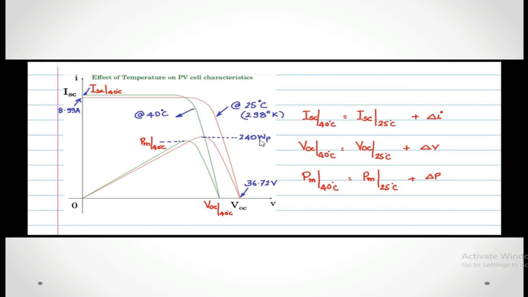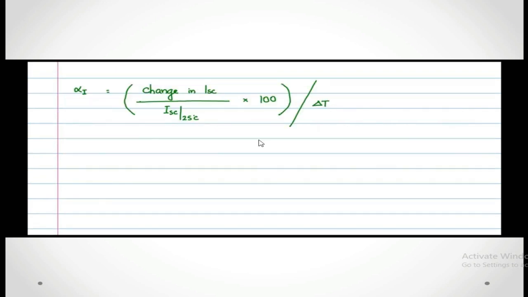Now we need to derive delta I, delta V, delta P. So let us start that. So here alpha I can be written as the change in short circuit current with standard current, that is ISC at 25 degree centigrade, into 100 per degree rise in temperature.